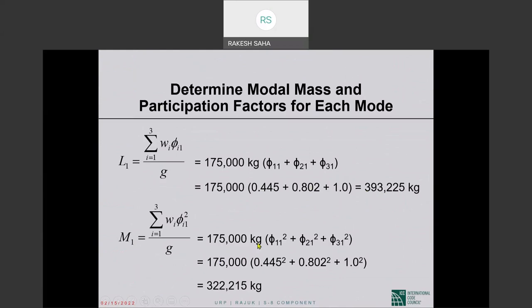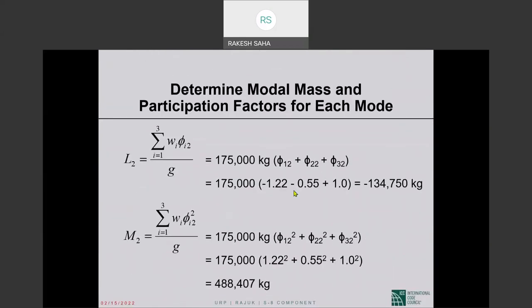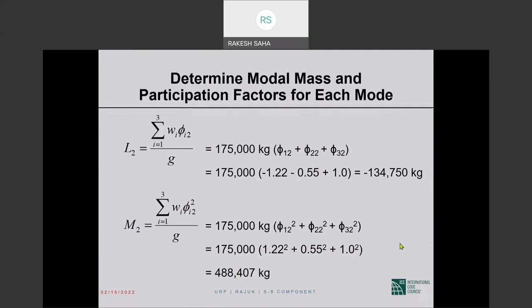And the modal mass is P11 squared, P21 squared, P31 squared. That comes to 322 million kilograms. For the second mode, it is the second mode shape, and the second mode shape was determined. Those are the numbers. So this is our L for the second mode. This is our M for the second mode. This is negative 135 million. This is positive 488 million.